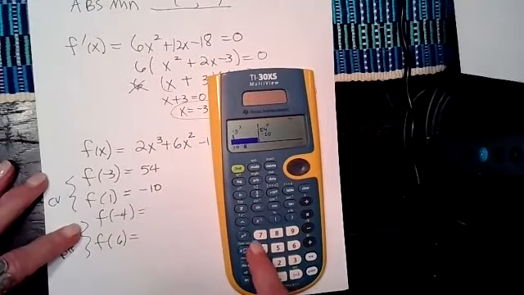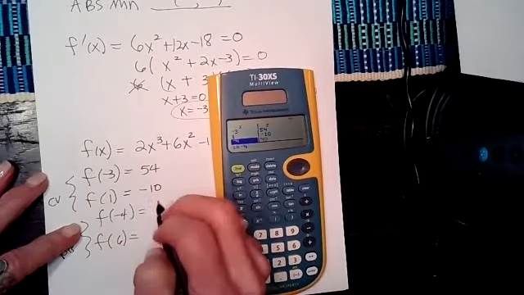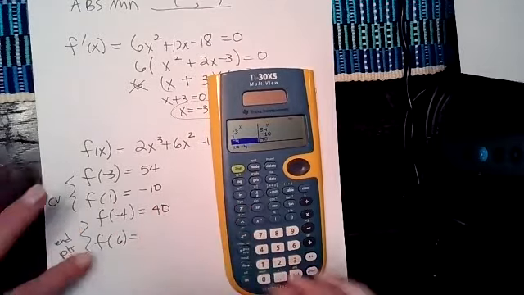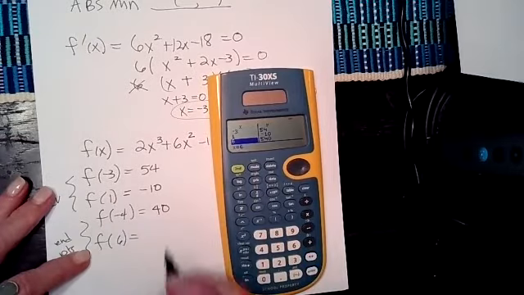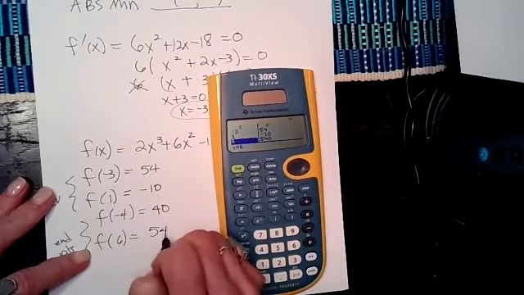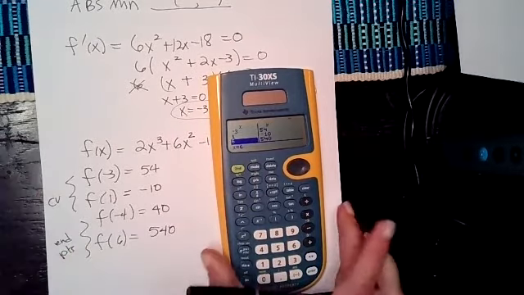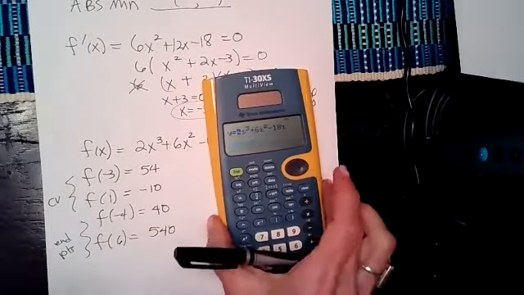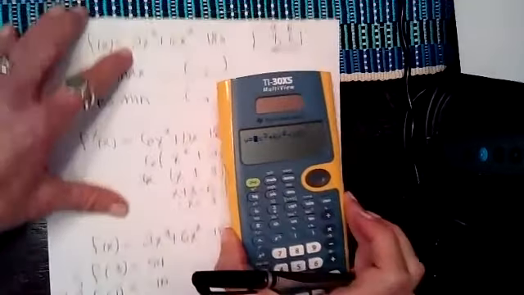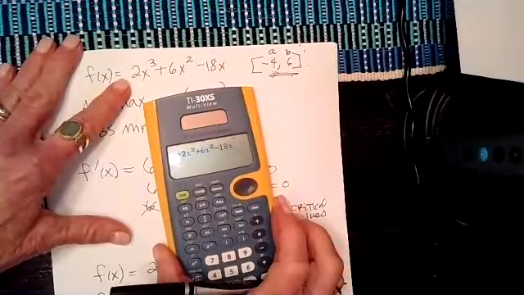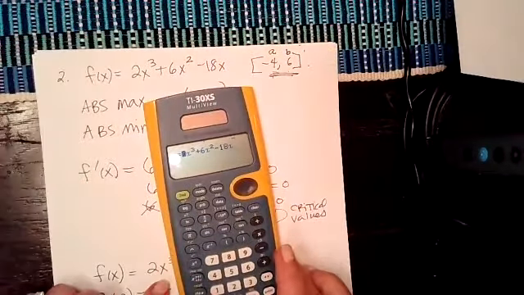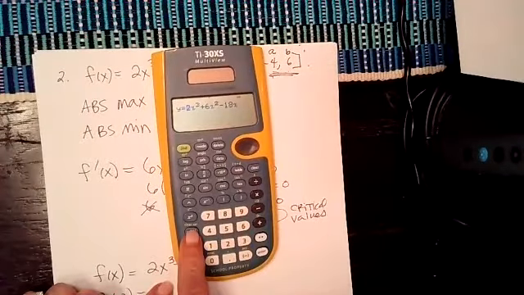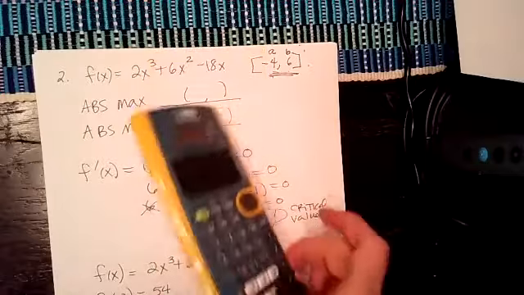I'm going to plug in -4, enter, and I get 40. And I plug in 6 and I enter and I get 540. So I hope you see how I use my table. When I went to table, I just plugged in my original function. Okay, and this is my X.